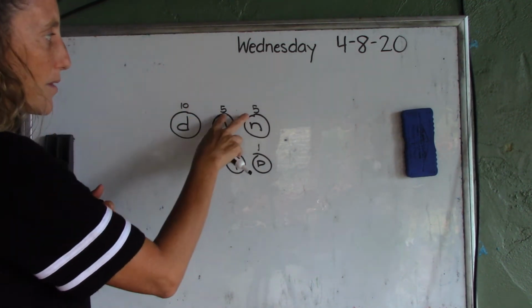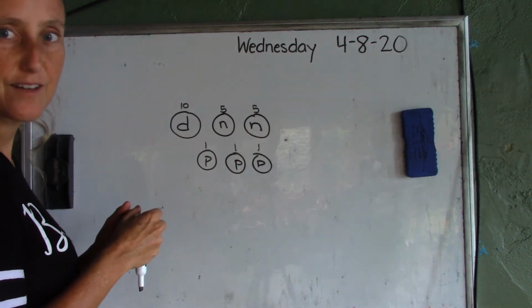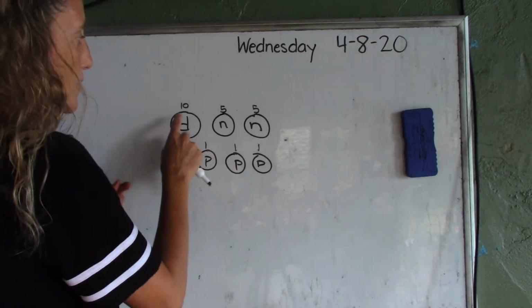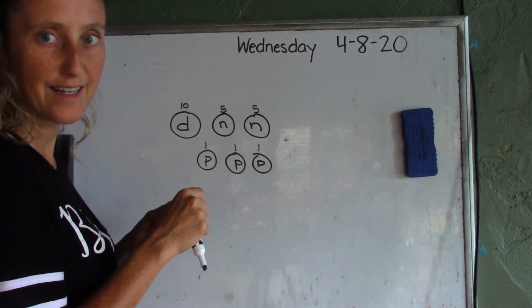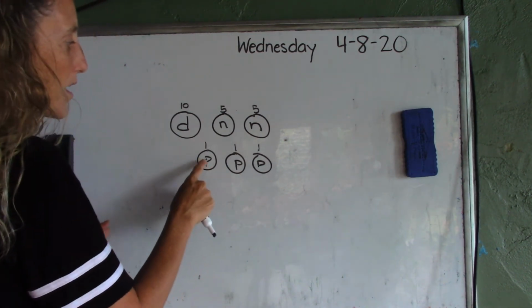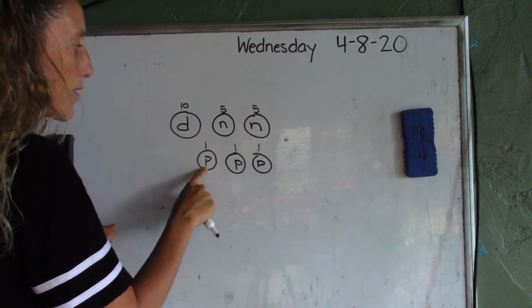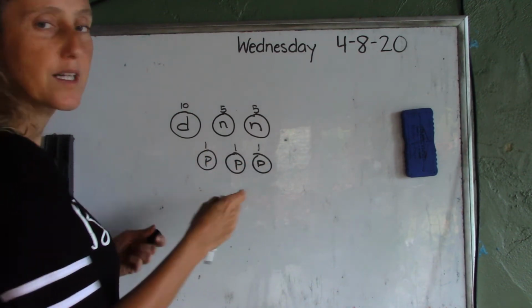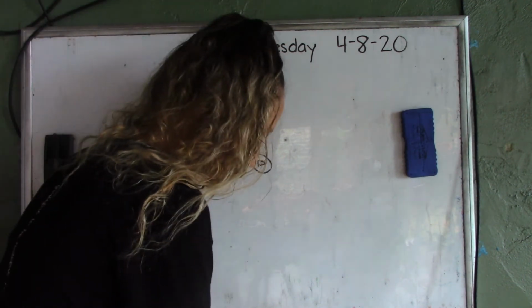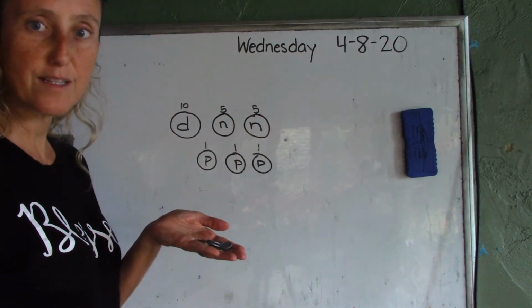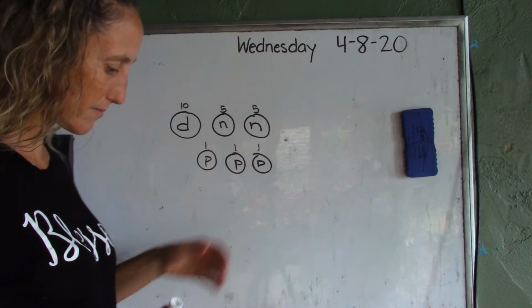We know 5 plus 5 is 10, right? So we have 10 plus 10. What's 10 plus 10? 20. Good. So 20 plus 3 more. 20, 21, 22, 23. So we have 23 cents worth of coins.